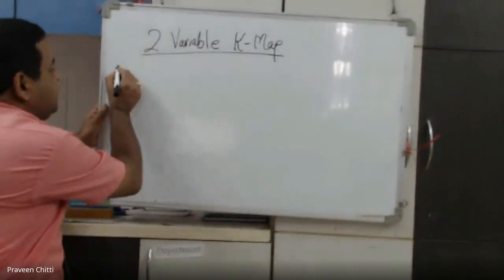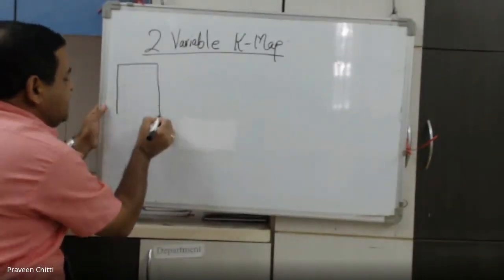So how do we construct a two variable K-map? With two variables, how many input combinations are there? Four. In fact, K-map is an alternate way of representing a truth table. The same truth table we have to represent using this two variable, three variable, four variable K-map.